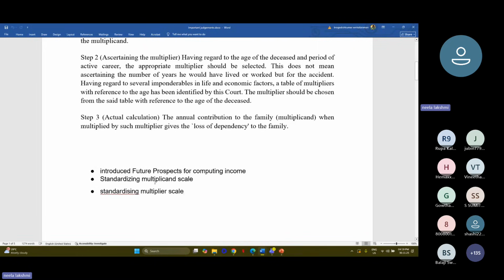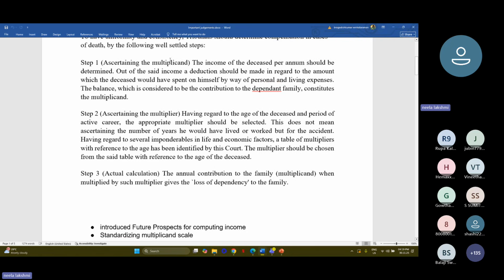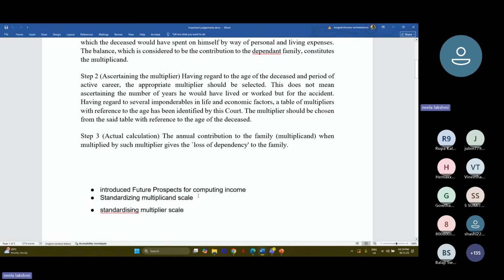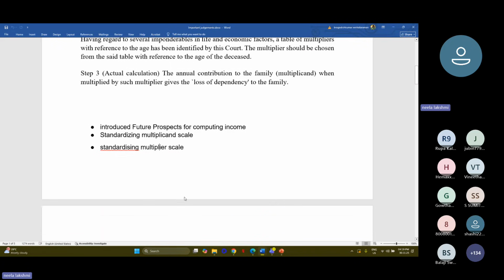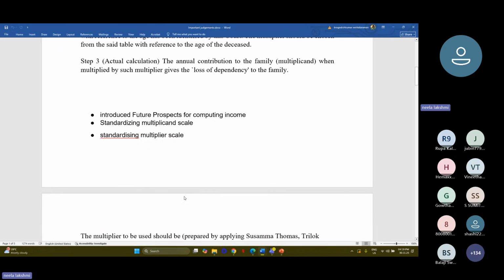Next one, standardizing the multiplicand scale. We saw what is multiplicand, that was standardized. Standardizing the multiplier scale: even now, the Sarala Verma multiplier table is adopted. Even after the landmark Pranay Sethi judgment, the Sarala Verma table of multiplier is still adopted, and it was confirmed by the Pranay Sethi judgment.